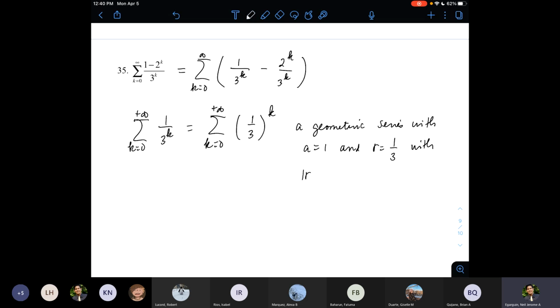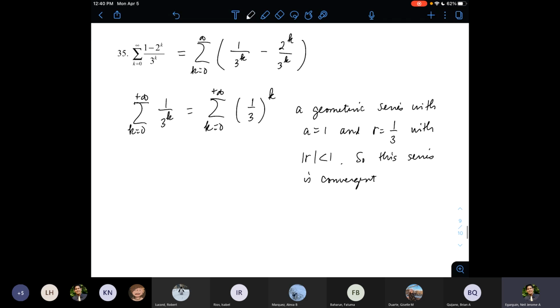And the magnitude of r is less than 1. The common ratio has magnitude less than 1. So this series is convergent. And since this is a convergent series, we can find a finite sum, right?